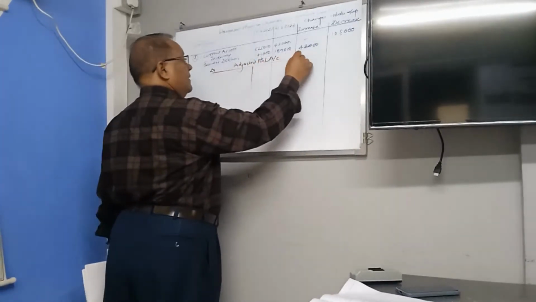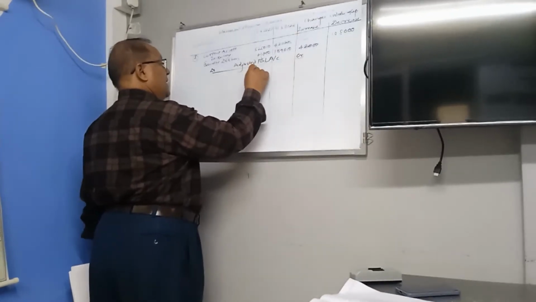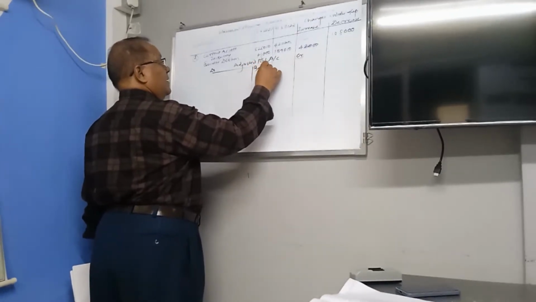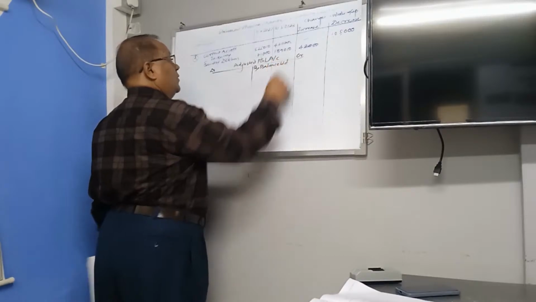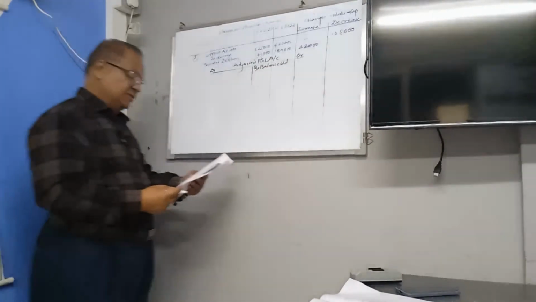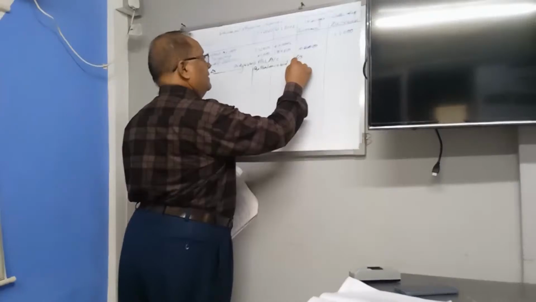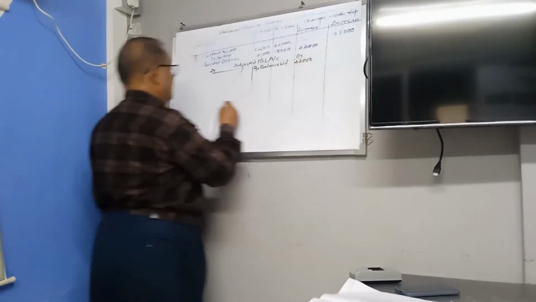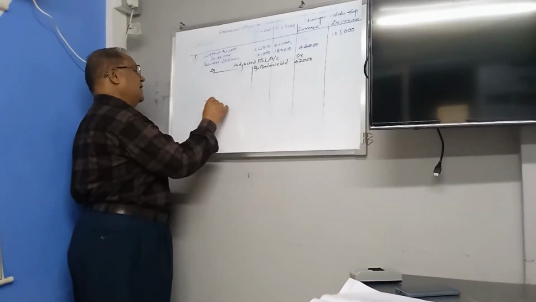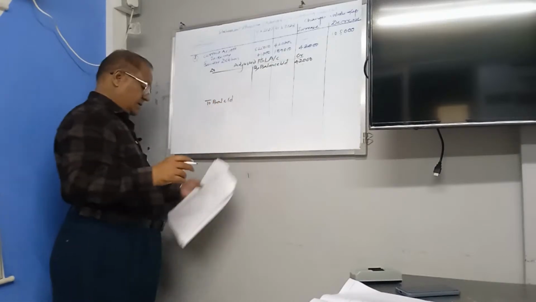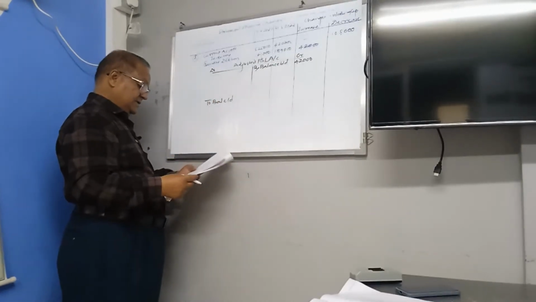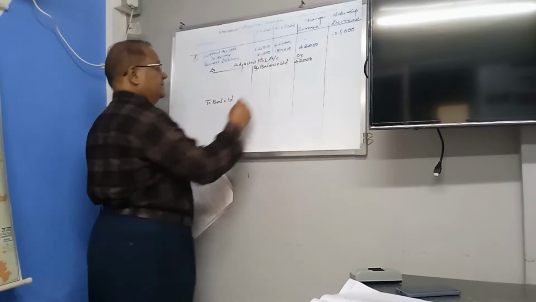Debit, credit. First will be by balance brought down. The opening balance of that account given to you is 42,000. And the closing balance, to balance carried down, is given to us as 52,500.